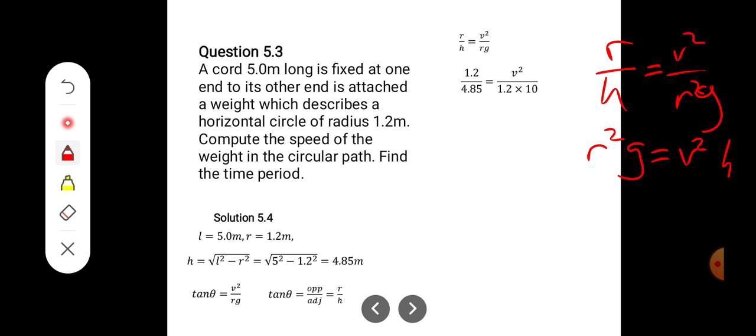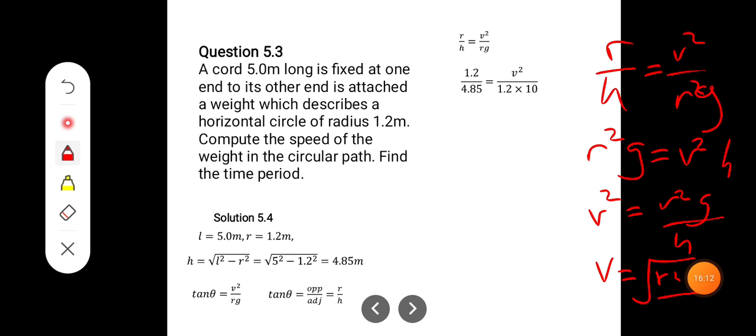So that means your v squared is supposed to be r squared g all over h. So that means your v is equal to the square root of r squared g over h. If you remember that formula, it's going to help.